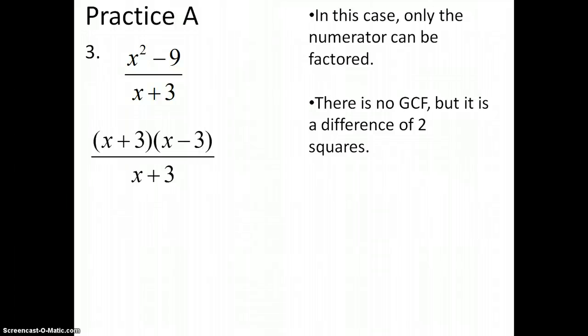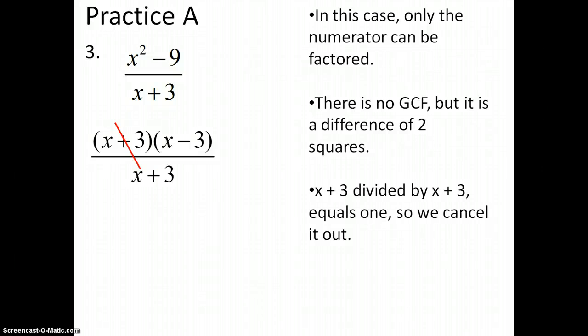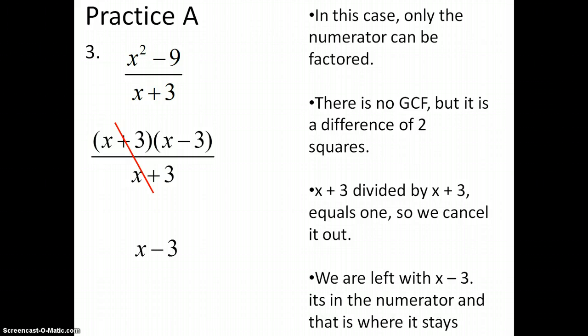So what we're going to do is write the two parentheses and put a plus in one and a minus in the other. And then take the square root of x squared, which is x, and put it in the front of each one. And then take the square root of 9, that's just 3, and put that in the back of each one. And once we've done that, you'll notice that we've got x plus 3 over x plus 3. And anything divided by itself is equal to 1, so we can cancel that out. That leaves us with x minus 3 as our answer.